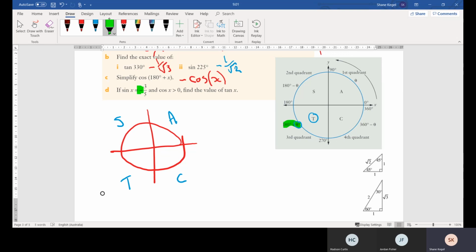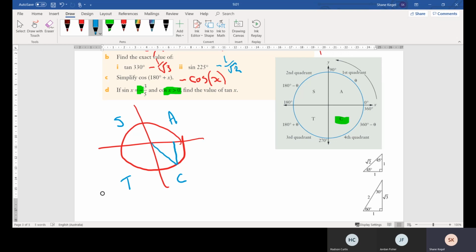Sine is negative, which produces a negative result, so straight away I know that it must be in the third or fourth quadrant. And I'm also given that cos is positive, so that indicates quadrant 4. So I'm working in the fourth quadrant. Essentially, I'm going to have my triangle happening in this quadrant here.